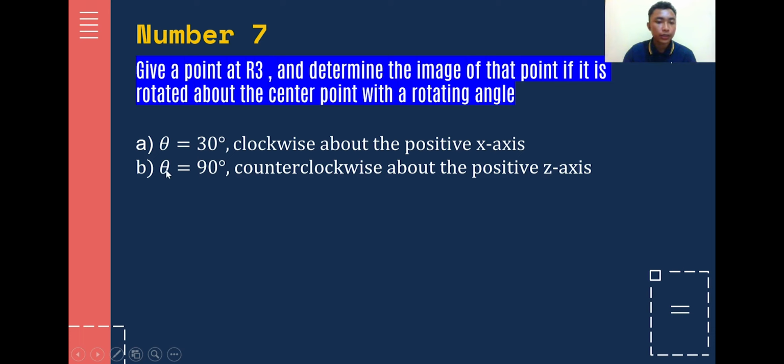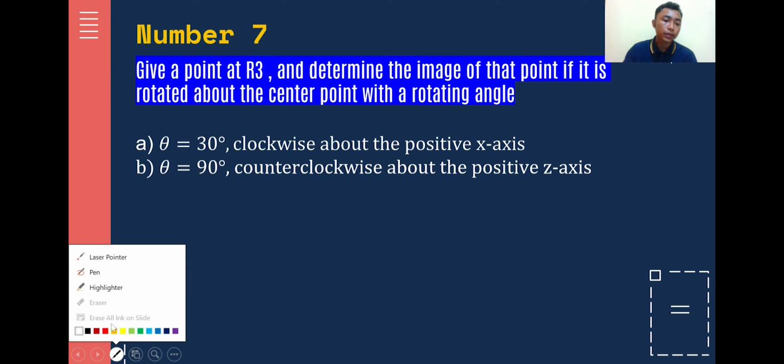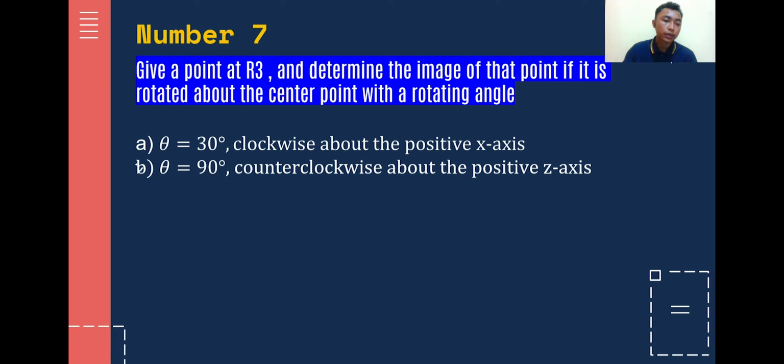The next is D, sorry, this is not B but D, where theta is 19 degree. Yeah, I think derajat is degree. Sorry if I'm wrong. It is counter clockwise about the positive x-axis.